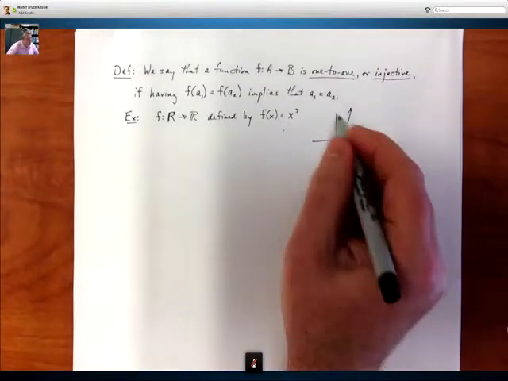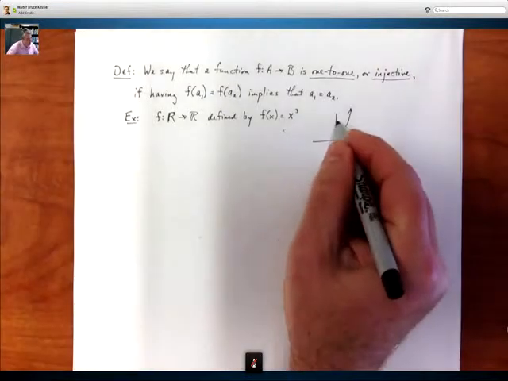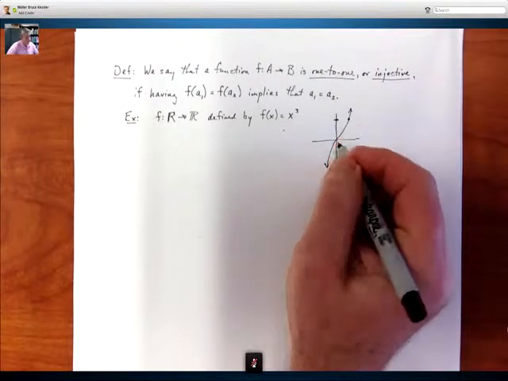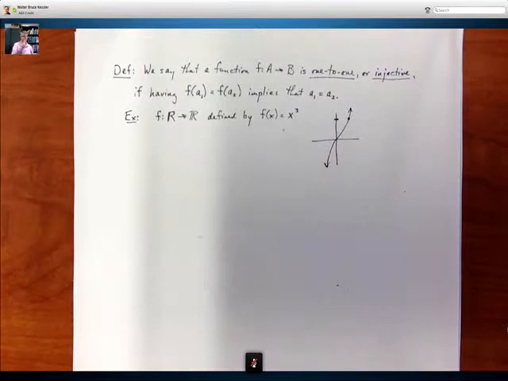If we were to take two different function values that were equal, they can only come from one place. The only way those two y values can become equal is if we're using the same x values, or the same first values.